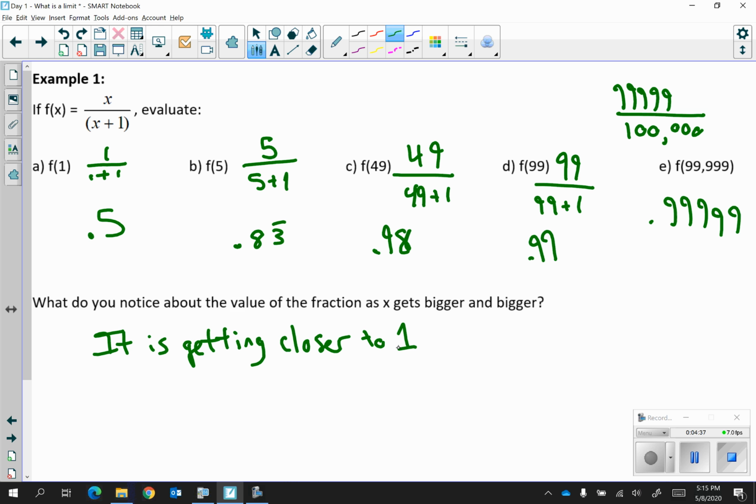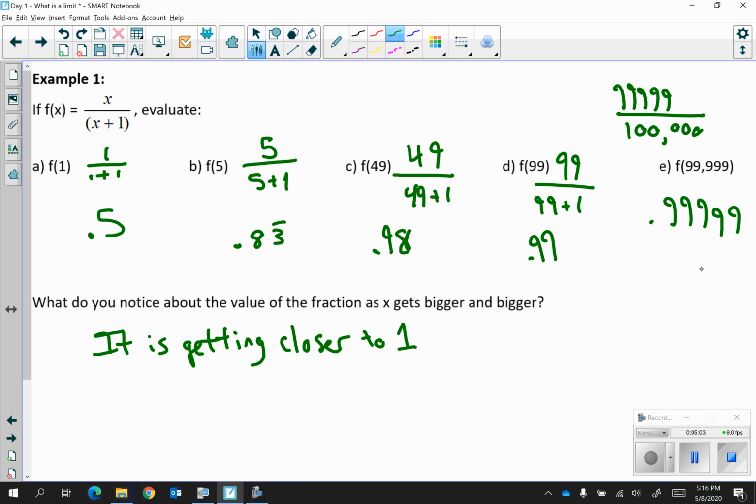So if you ever want to find out what's happening as you progress in this function as far as the limit goes, just plug in really large numbers and see what value you start to approach, right? I know that this isn't going to go up to like 50 because you can see that it kind of flatlines very close to 1 but never actually touches it.